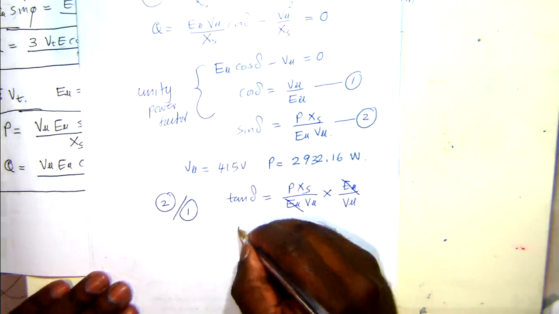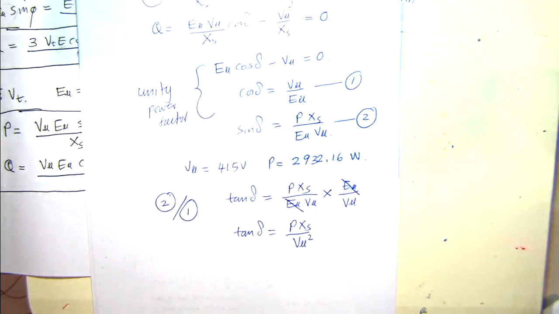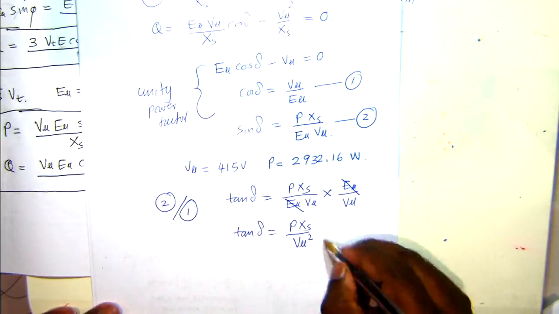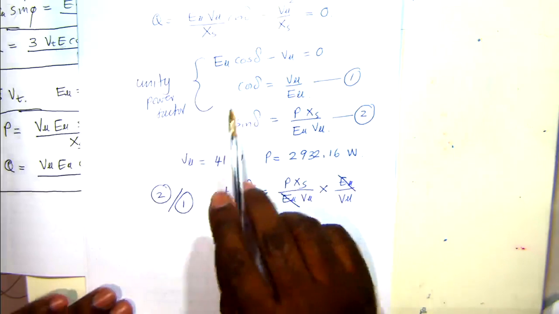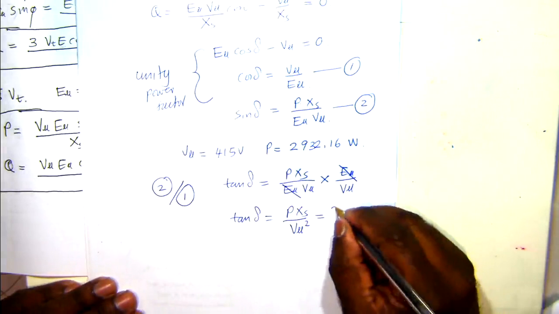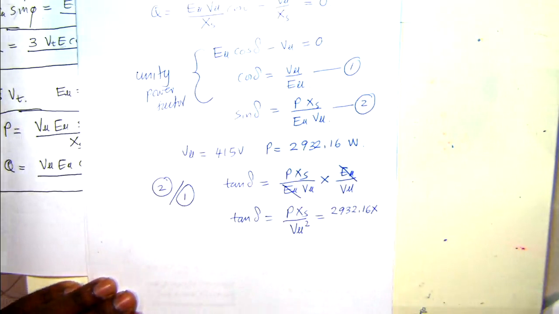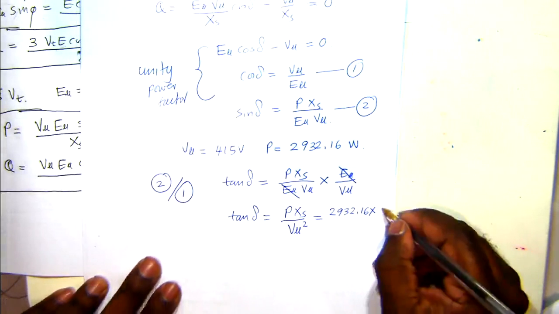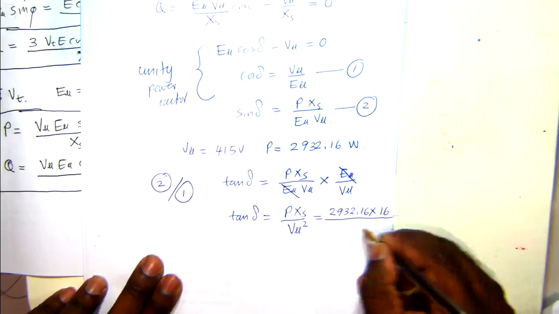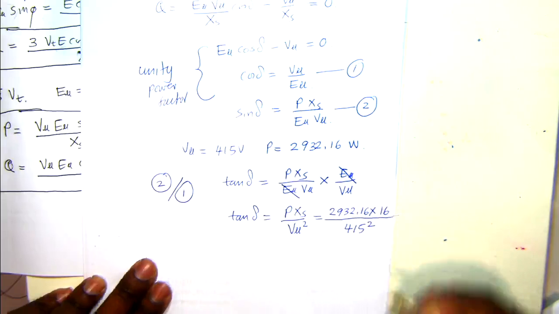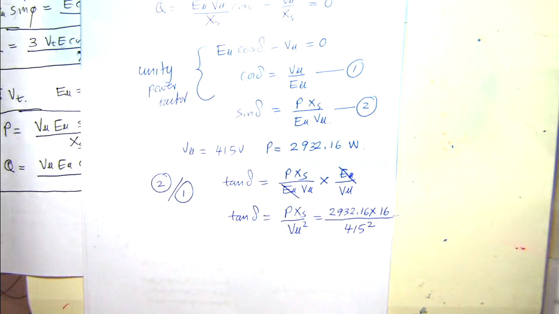So that will allow you to calculate the torque angle. So then here P is this power, 2932.16 times XS, that's 16 divided by 415 squared. So that will give you the torque angle.